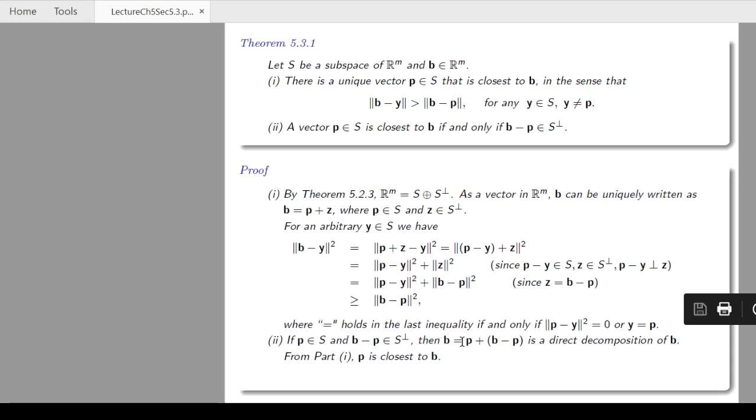And then from the first part, we can say P is closest to B. Why?